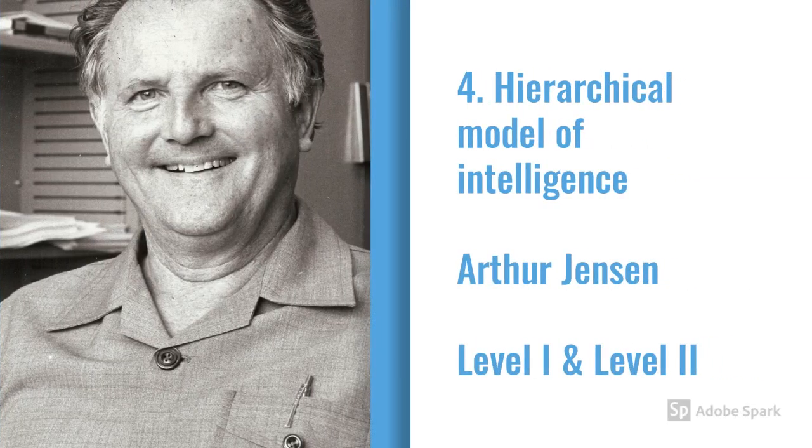The fourth theory of intelligence was given by Arthur Jensen, called the hierarchical model of intelligence. He looked at intelligence as consisting of abilities operating at 2 levels.